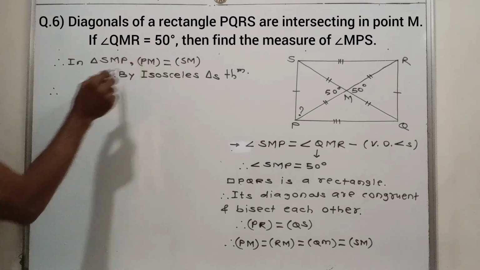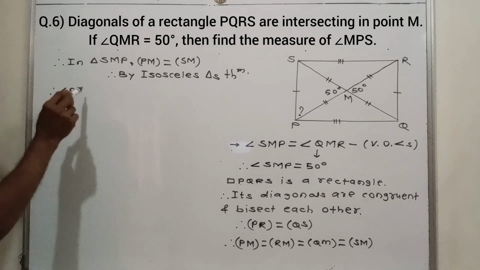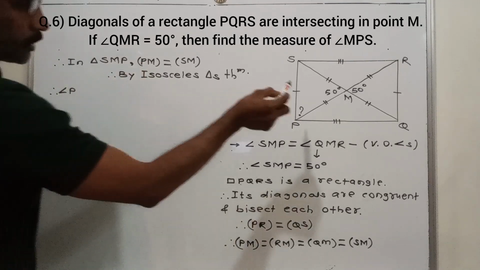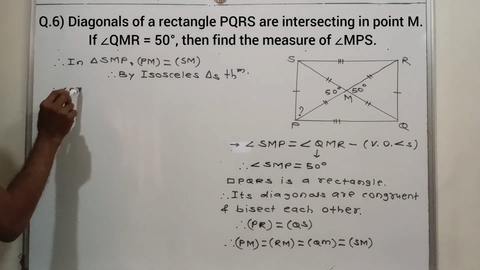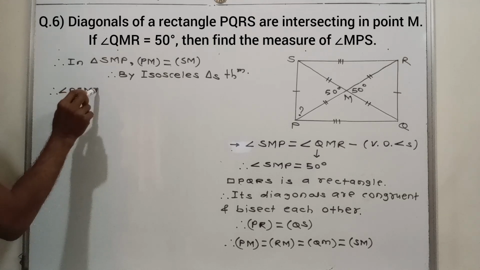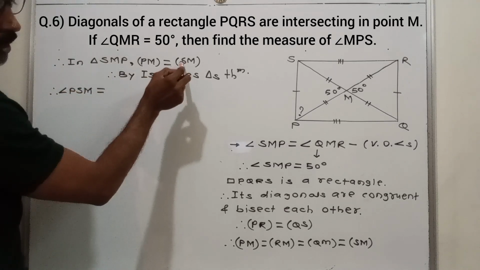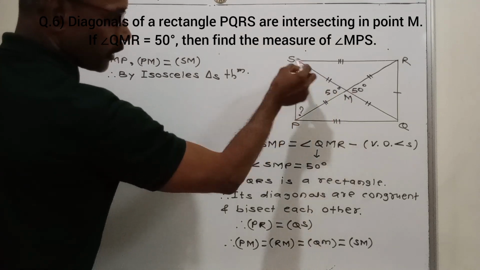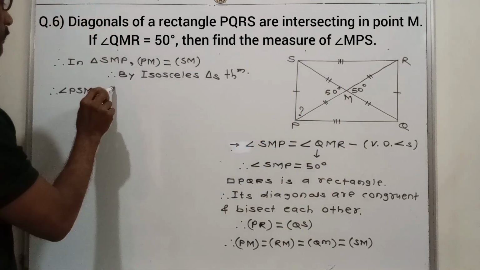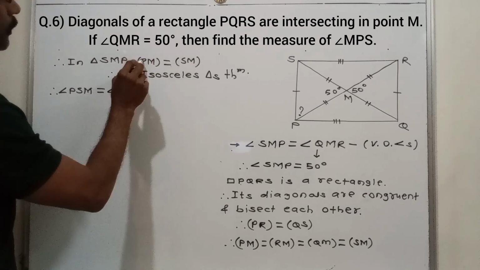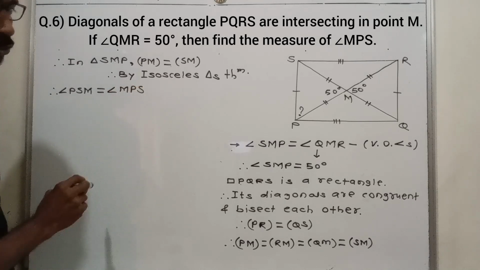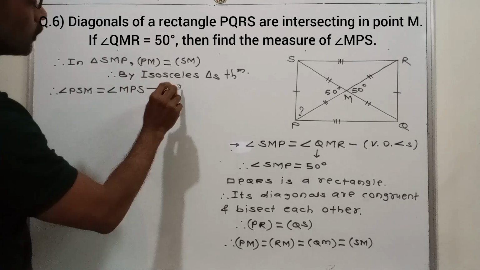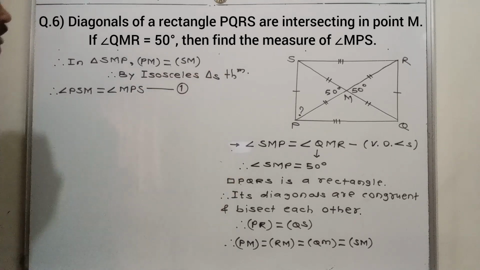Therefore, angle opposite to PM, angle PSM is equal to angle opposite to SM, angle MPS. Did you get it? This is our equation number 1. This is due to isosceles triangle theorem.